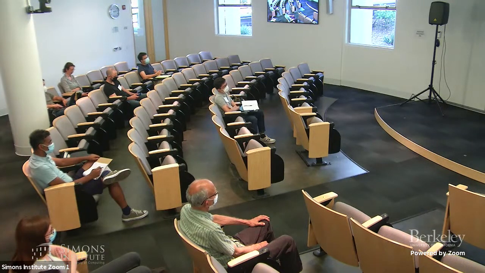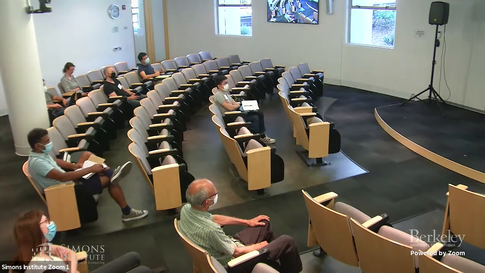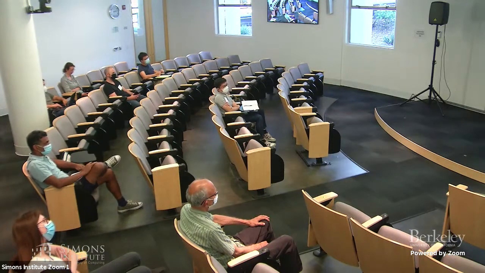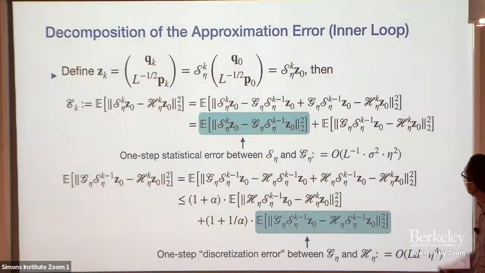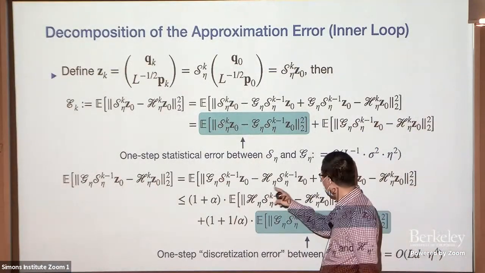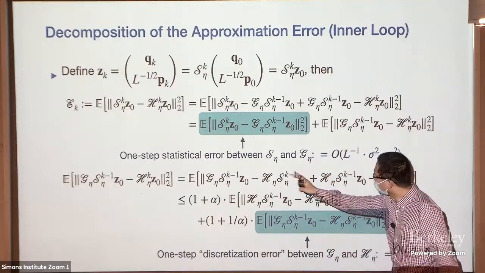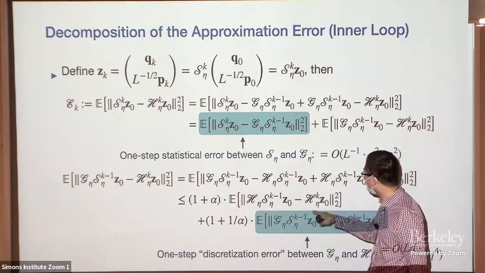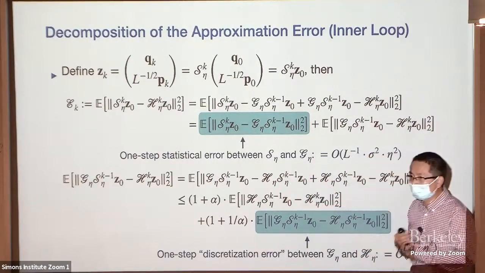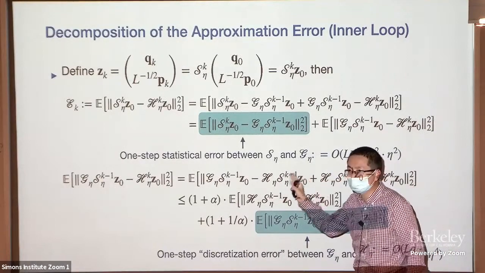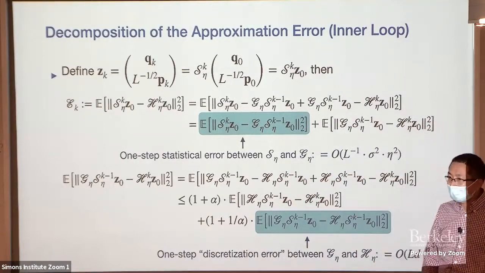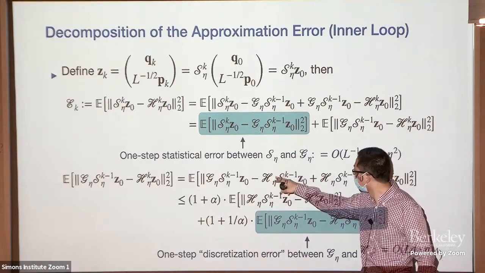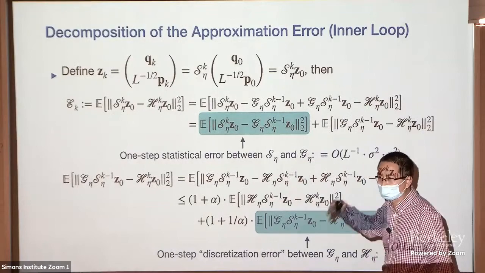So this can be bounded by this order, L_1 divided by L, sigma square, eta square. Sigma square is the variance of the stochastic gradient, L is the smoothness parameter, and eta is the step size. And this term, by further subtracting and adding another related quantity, which is H_eta S_eta^(k-1) z_0. So you start from z_0, you run K minus 1 steps of HMC with stochastic gradient, followed by another step of HMC, but using the exact update.